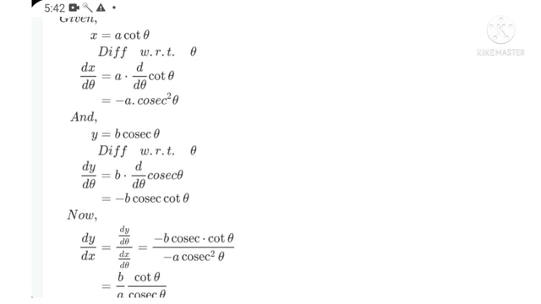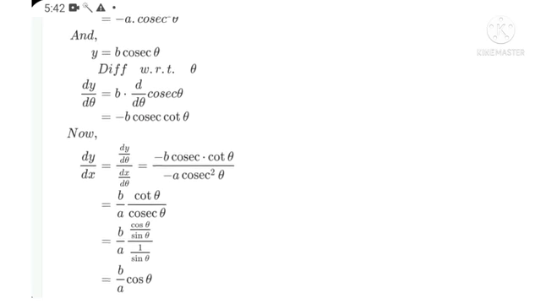But we want dy by dx. So you write dy by dx is equal to dy by d theta upon dx by d theta. Substitute the values. Minus b cosec theta cot theta upon minus a cosec square theta. One cosec theta gets cancelled. So what remains? Minus minus plus, b upon a, cot theta upon cosec theta.